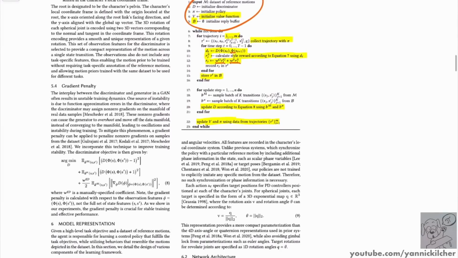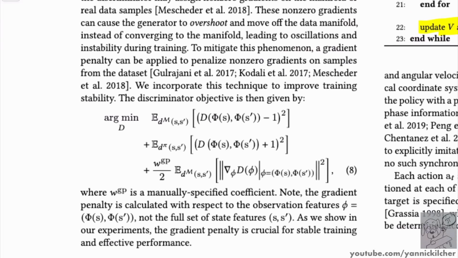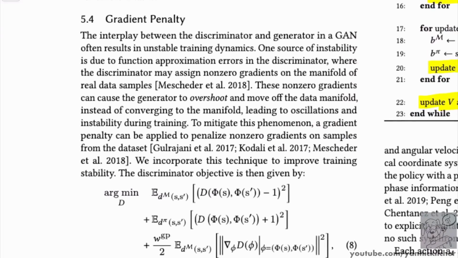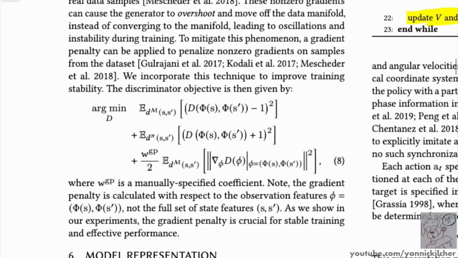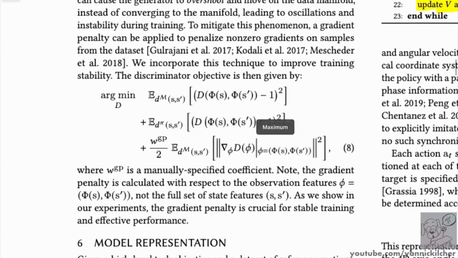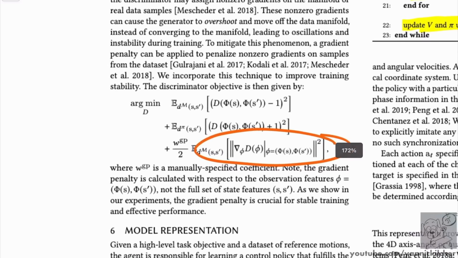They point out a few things that are important right here to their algorithm. One of them they find very important is this gradient penalty. So GAN training can be a bit unstable, and these gradient penalties are a way to stabilize this training, and they found that simply penalizing the norm of the gradient as it comes out of the discriminator is stabilizing the training right here.